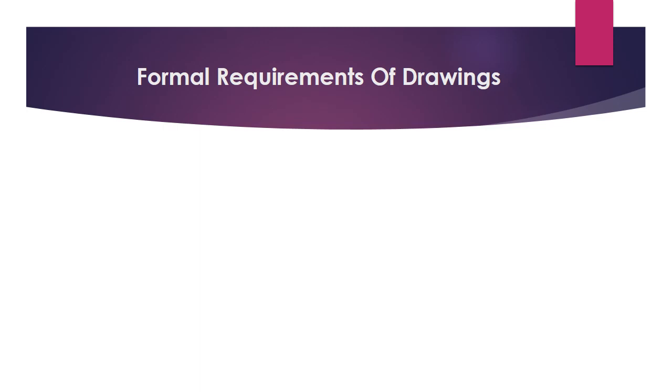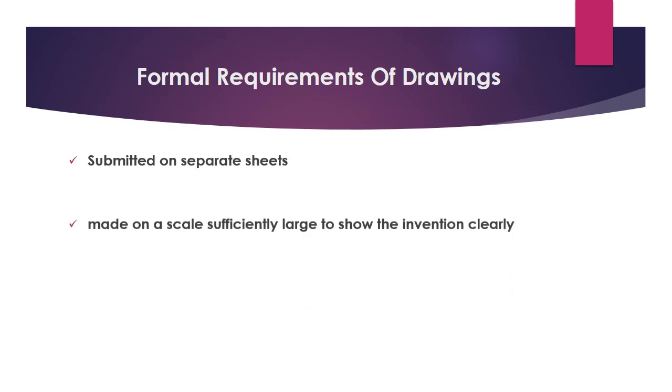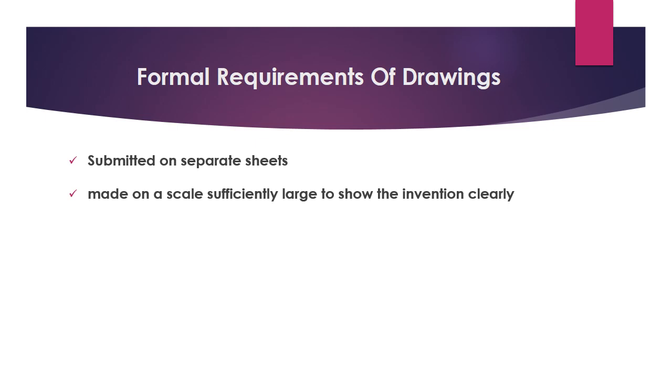Then I told you that drawings are part of form 2, but that has to be submitted on a separate sheet, and that has to be made on a scale sufficiently large to show the invention clearly. Suppose your invention is a device which is complicated, with all the parts, the lining and all the things, it should be black in color.